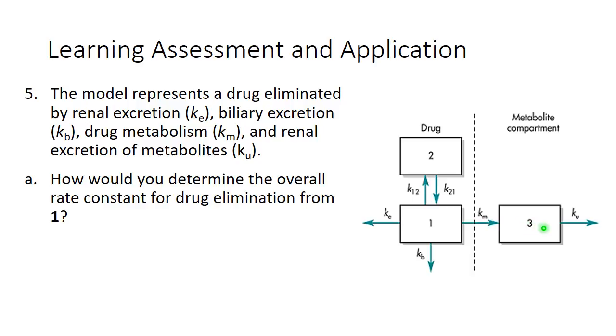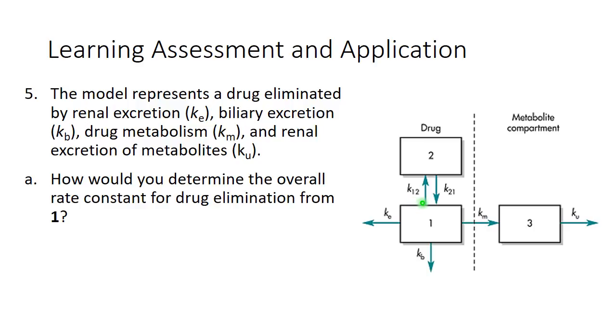And then the drug is also metabolized, and the Ku stands for renal excretion of those metabolites. So there are 3 compartments, but the question is, how would you determine the overall rate constant for drug elimination from compartment 1? And I want to clarify, I don't mean distribution, so we're going to forget about the K12 and K21 right now.